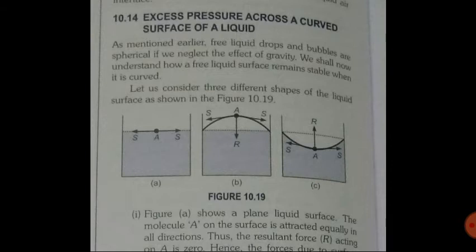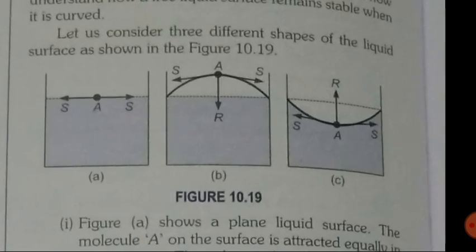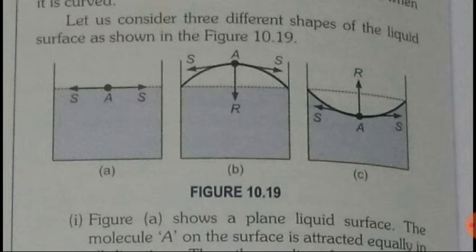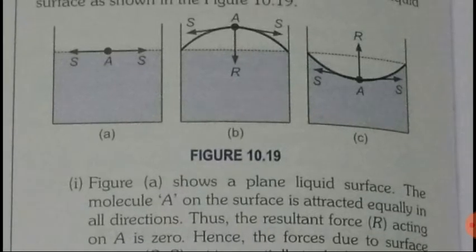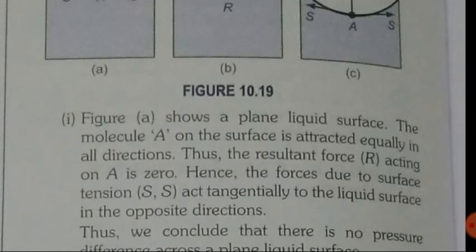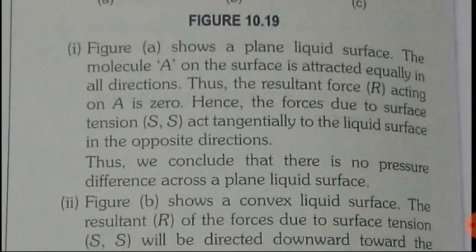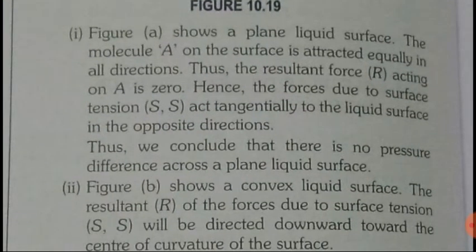Let us consider three different shapes of the liquid surface as shown in this figure: figures A, B and C. In figure A you have a plane surface, and in figures B and C you have curved surfaces. Figure A shows a plane liquid surface.